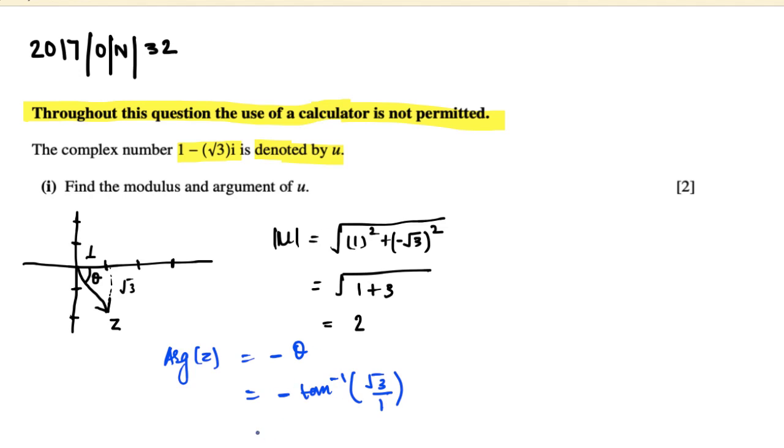So I can say this is negative pi by 3 because this value represents tan 60 degrees or pi by 3 radians. So the argument of z is negative pi by 3 radians. Fine. Okay, now let's move on to the next part.